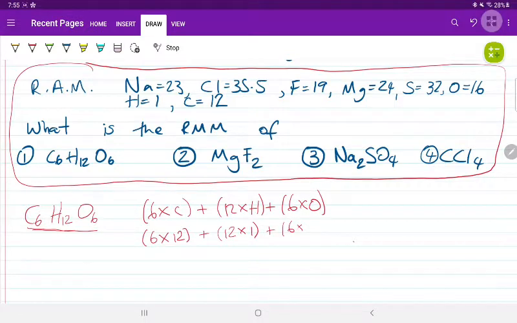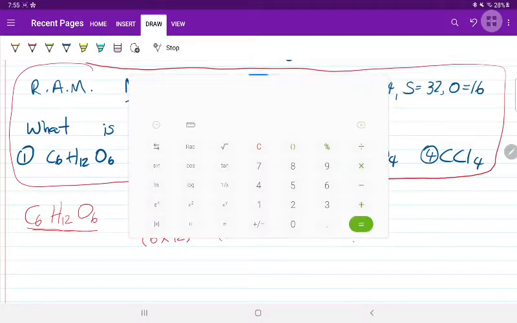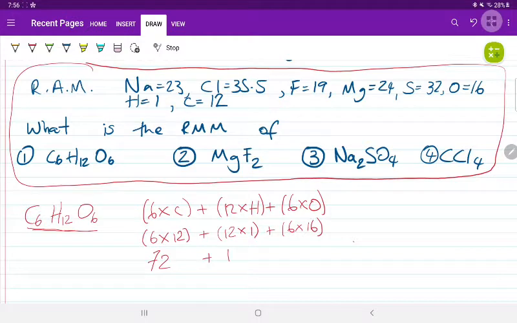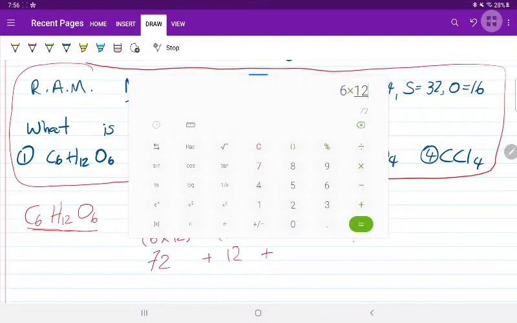And the relative atomic mass for oxygen is 16. So that's going to be 6 multiplied by 12, which is 72, plus 12 times 1 is 12, and then 6 multiplied by 16 is 96.